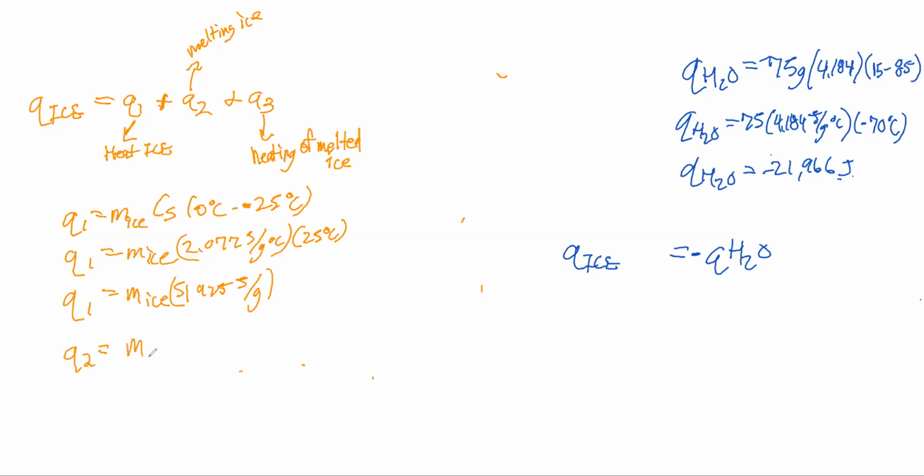We can do the same thing for our Q2. Now our Q2 is going to be the mass of the ice, and then what we need to melt it. So when we think about melting that ice, we have the delta H of fusion. And so we want to think, should we be using the positive or the negative? And it should be the positive. So we can leave that there. Q3 is going to be the mass of the ice, the heat capacity of the ice now that it's water, so 4.184.